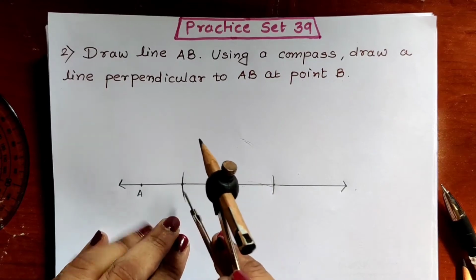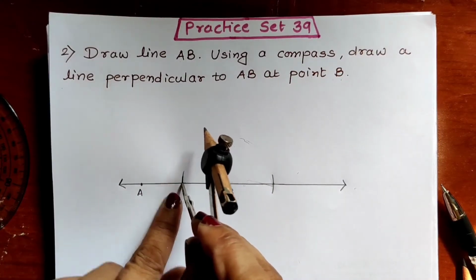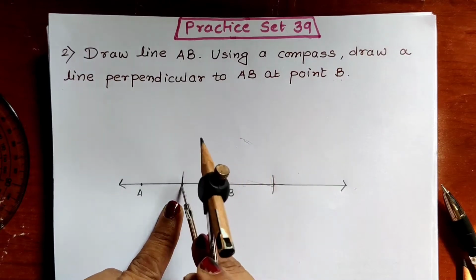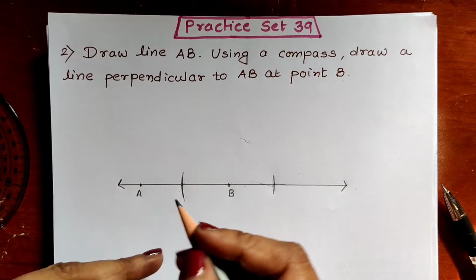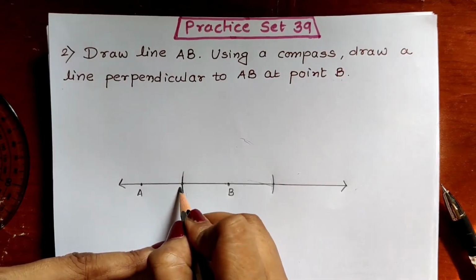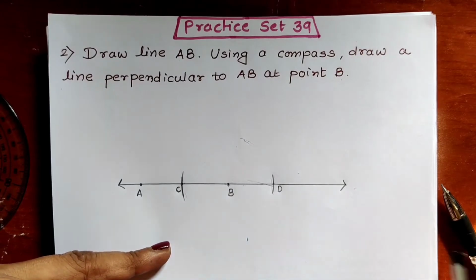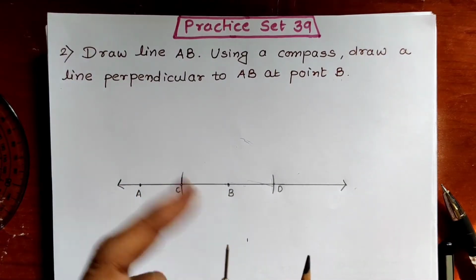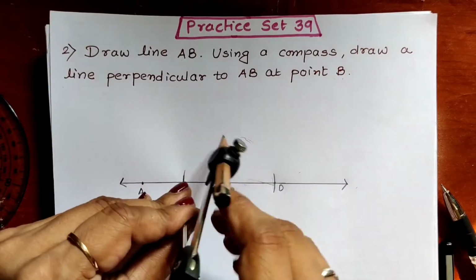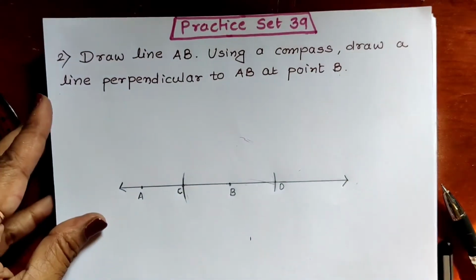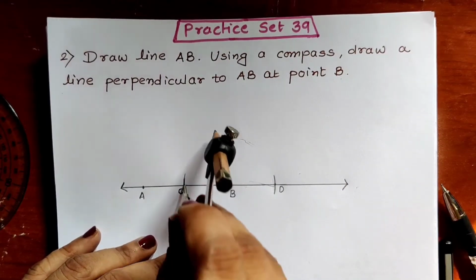And now place this pointed tip on one end point. These are the two end points of the segment. This is one and this is the second. We can write any name here. I can write C and D. So we have got segment CD. We have to place our pointed tip at point C, and then we have to draw an arc upside and downside.